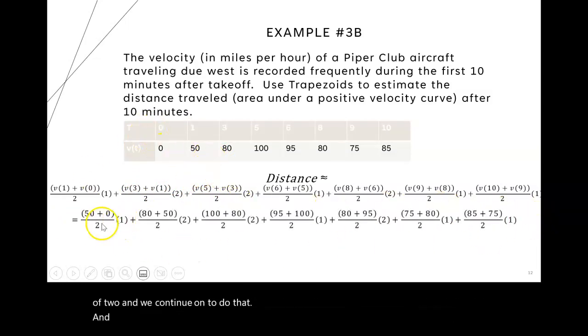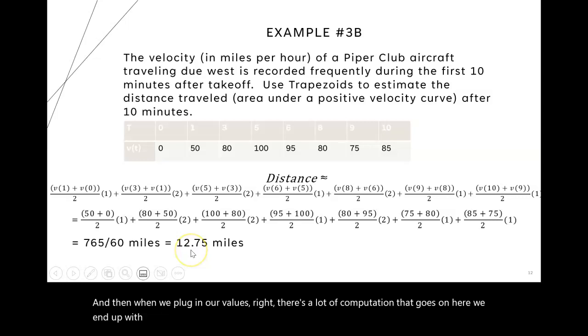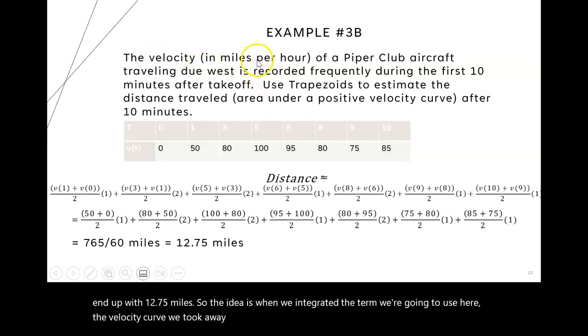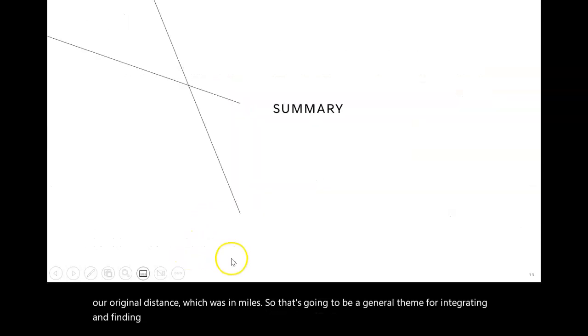And then when we plug in our values, all right, there's a lot of computation that goes on here. We end up with 12.75 miles. So the idea is when we integrated the velocity curve, we took away the per part that was the derivative part, and we got back to our original distance, which was in miles. So that's going to be a general theme for integrating and finding units.